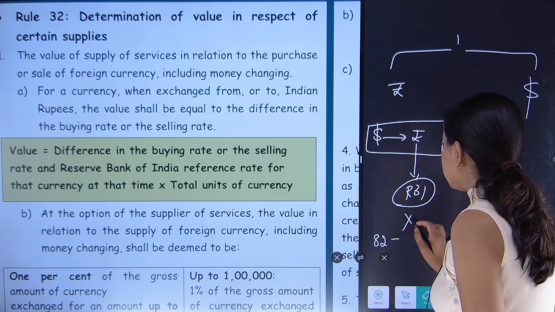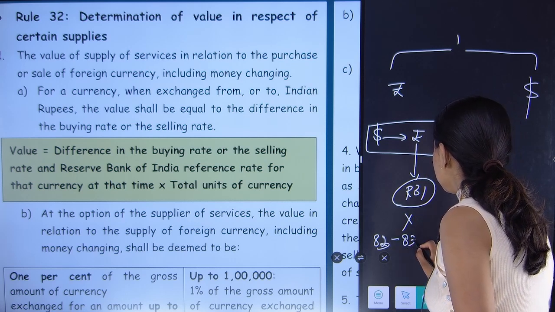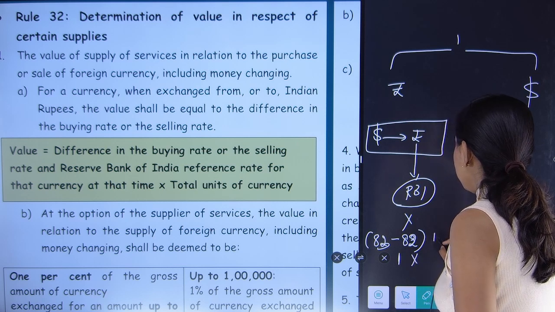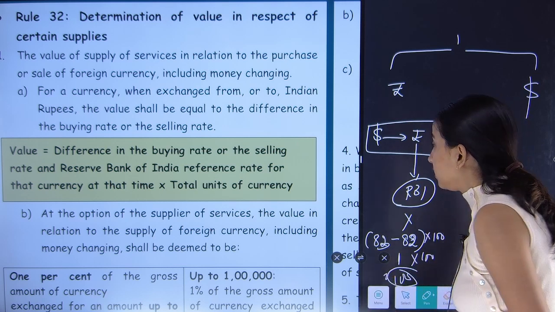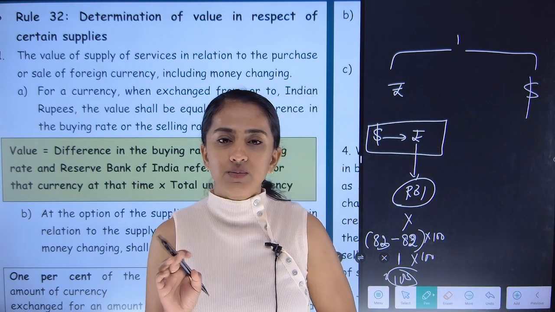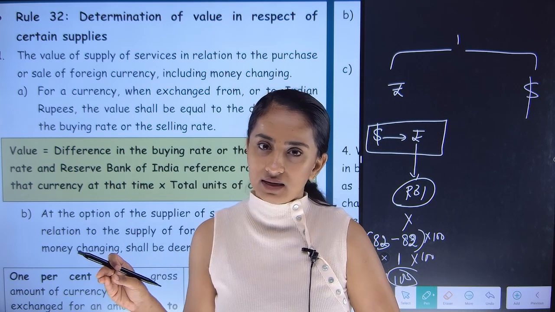Now RBI's reference rate is 83 rupees. Okay, let's do this. Let's say you converted 100 units. So this will be the value of supply. Clear? How many units did you convert? Difference between the RBI reference rate and the actual buying rate or actual selling rate.